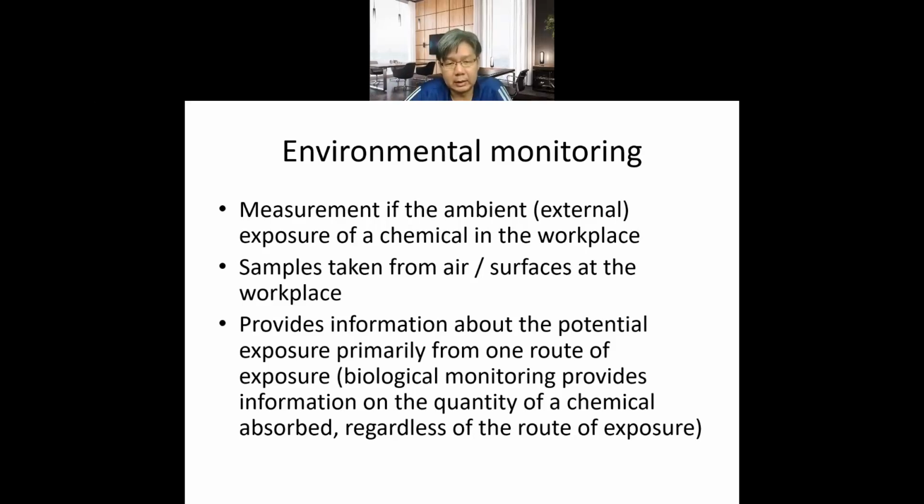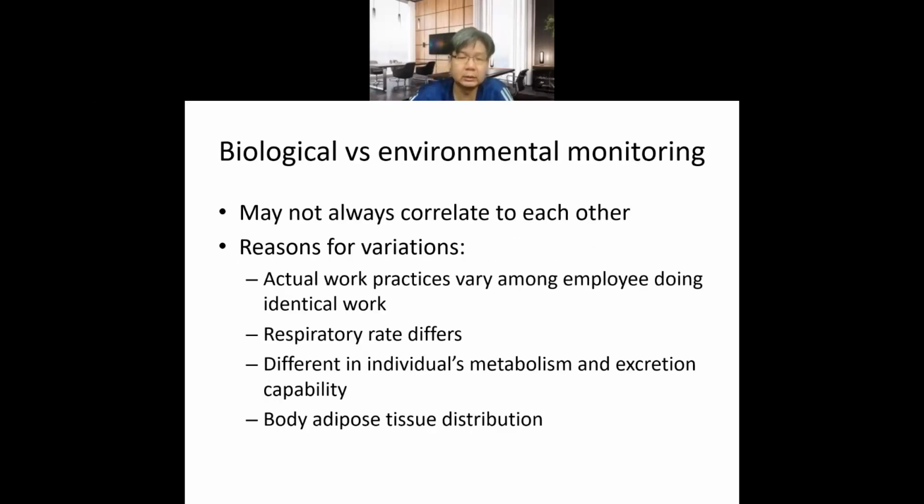Environmental monitoring is basically just exposure assessment. Environmental monitoring is not specific to a person. It's basically measuring certain hazards in the environment. Now, we found out that a lot of the time biological and environmental monitoring do not really correlate to each other.